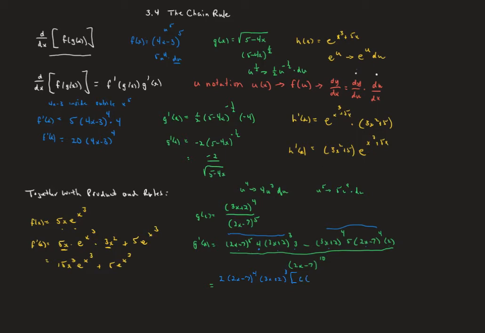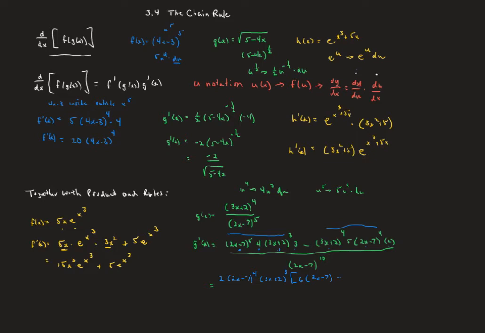Now we took out a (2x minus 7) to the fourth, but this was a (2x minus 7) to the fifth. There's still a 2x minus 7 that remains. We took out a (3x plus 2) to the third, and that takes care of all of that (3x plus 2) to the third. So that's it for the first term. Minus.